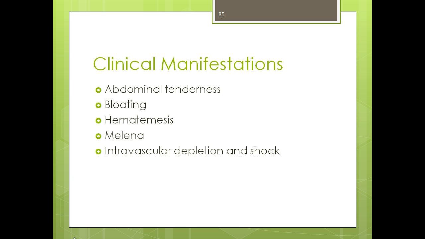You want to assess for abdominal tenderness. Also assess for hematemesis, which is when they vomit blood, and melena, which is traces of blood in the stool. You also want to ask whether they're using any type of aspirin or NSAIDs, which may result in dyspepsia, which is heartburn.